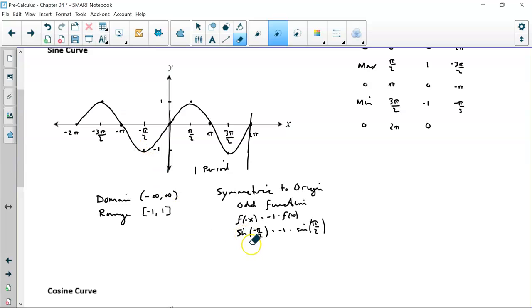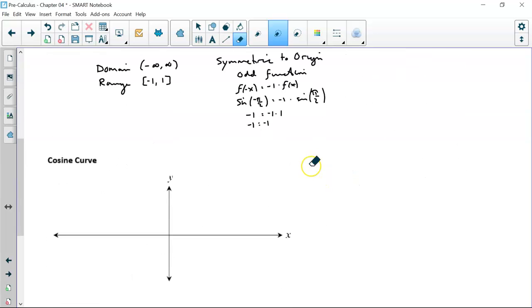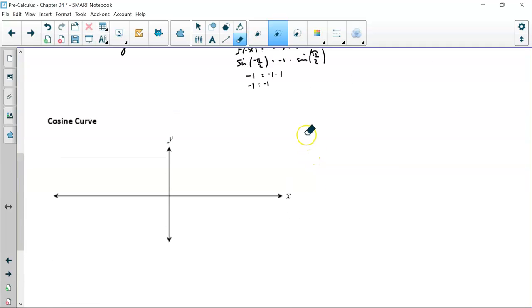So negative 1 equals negative 1 times 1. That's what it means for it to be odd. When you evaluate the negative, it's going to be negative 1 times whatever that positive angle would be. So you want to think about the pattern for sine: 0, max, 0, min. That's how it works.